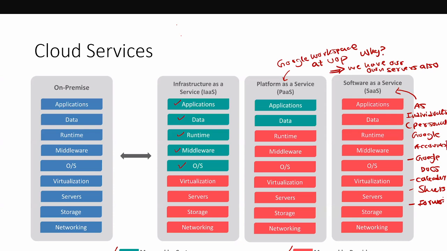So all these are software. We don't have to manage their storage or anything else. We don't write applications on top of that. So therefore, we are using SaaS. That is software as a service. And if you run on premises, you have to handle everything, right?